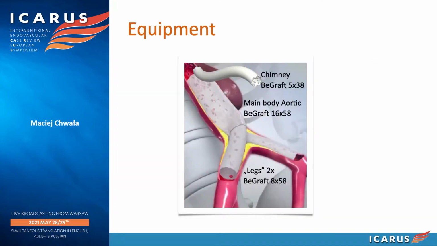So during the CRAP procedure, we are using 3 big grafts, one main body for the aorta and 2 legs for the iliac arteries, but this time we added a chimney made of a big graft as well.